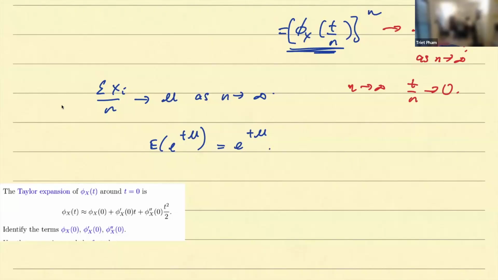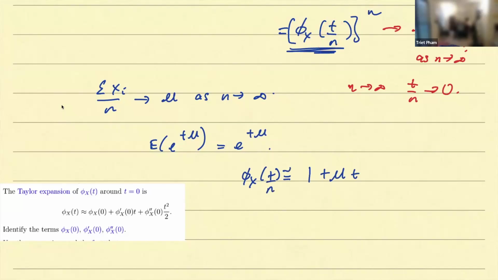All right. So here, this is a Taylor expansion. And of course, I hope we remember, phi sub x at 0 is 1. We talked about that. Phi prime of x at 0 is mu. But here it is t over n, because it's t over n right here.